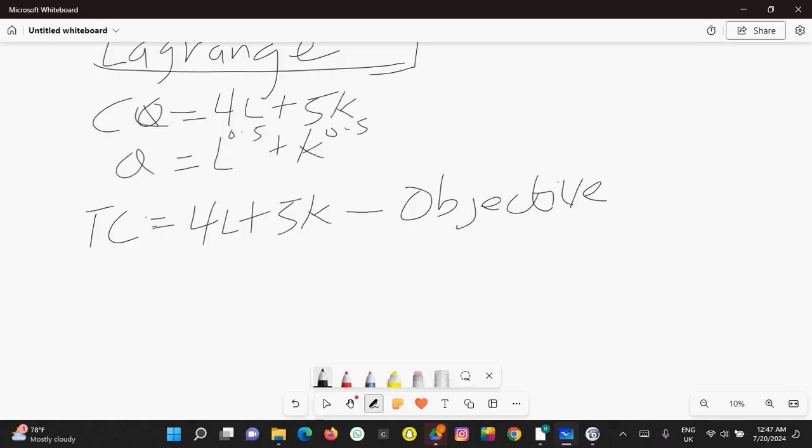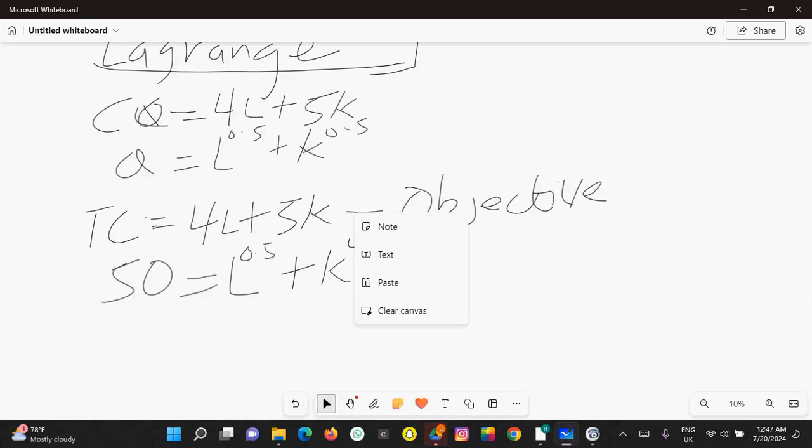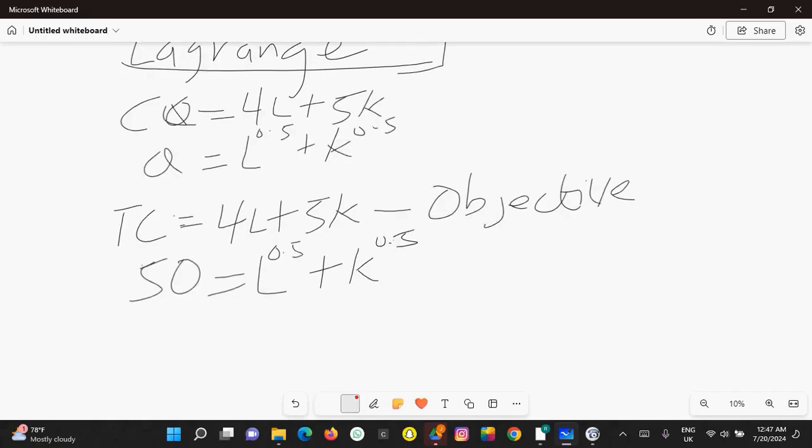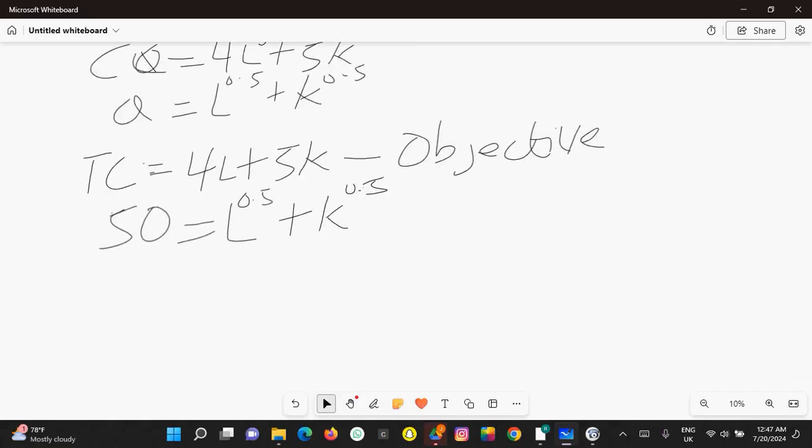And then our constraint will be, here we are producing 50, so 50 is equal to L raised to the power 0.5 plus K raised to the power 0.5, right? So now this will be our constraint function.